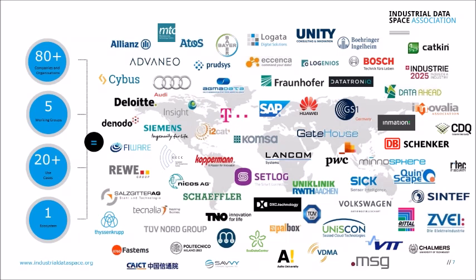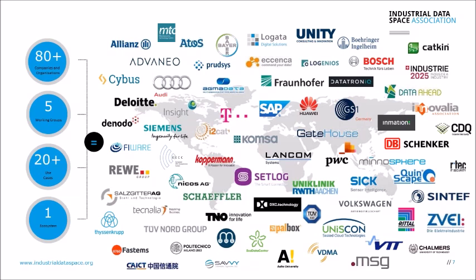Well, I would like to have some more words on the Industrial Data Space Association as the network that is driving, on the one hand side, the architectural and technological development of the industrial data space. On the other hand side, the association brings the industrial data space to life.